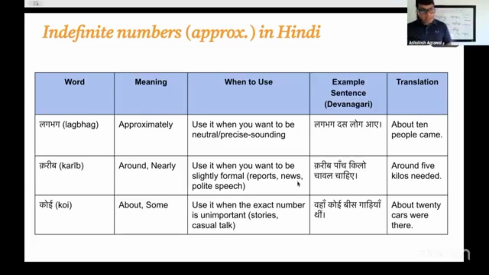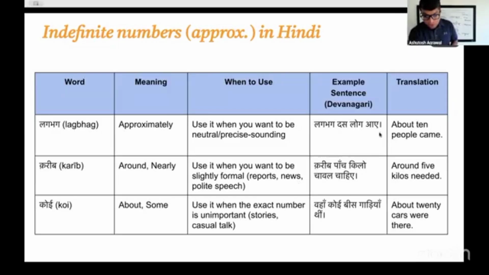Koi is, as Christine ji mentioned, about or some, okay. You use it when it's not important to talk about the exact number, okay. When you want to casually mention it, about 20 cars were there or about 20 people came, okay. The distinction will become more clear as we do more examples.